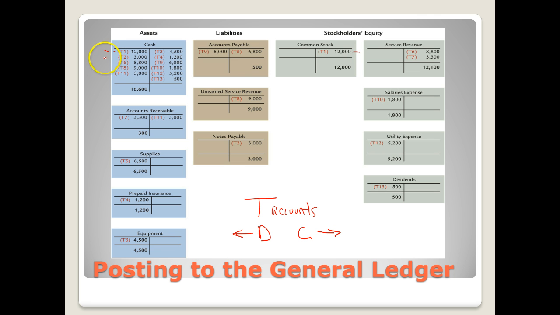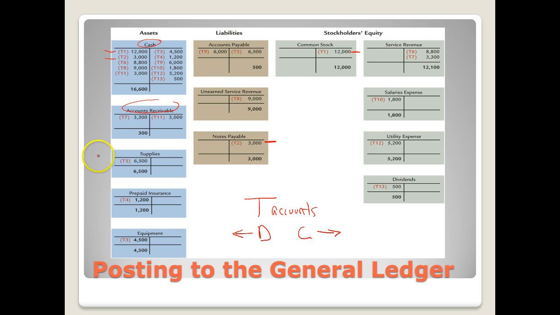So when we looked at transaction number 2, and I would encourage you, go back through your book, follow pages 74 and 75, look at every single one of the 13 transactions that high-tech did and see if you can figure out where it ended up on each one of these accounts. The second transaction had a $3,000 debit to cash and a $3,000 credit to the liability account notes payable, because that was when they borrowed $3,000 from the bank.